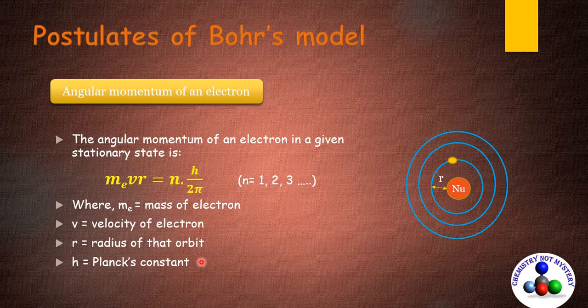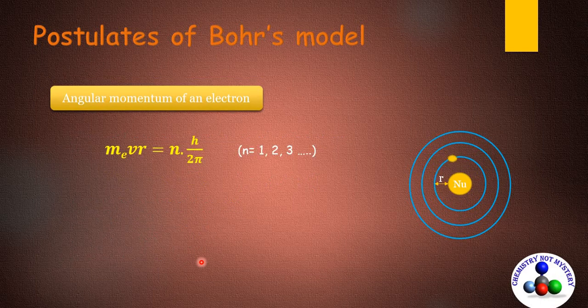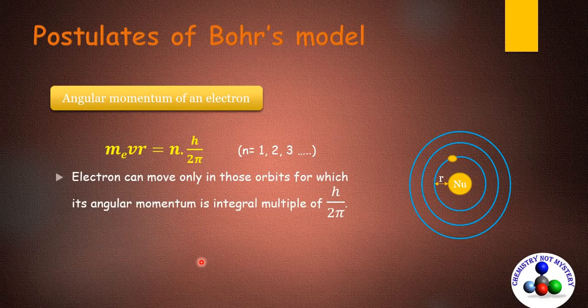Bohr said that electron can move only in those orbits for which its angular momentum is integral multiple of h upon 2 pi. That's why only certain orbits are allowed.